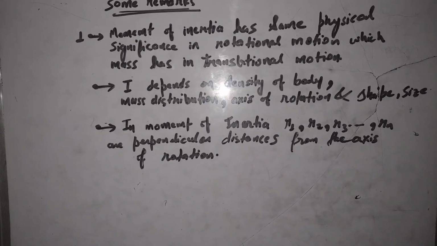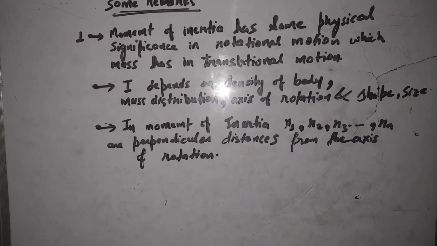Therefore, in rotational motion, larger moment of inertia means larger resistance offered to change in state of rotational dynamics. So if a body has a larger moment of inertia, it will be difficult to rotate it, and if a body has a smaller moment of inertia, it will be easier to rotate it.